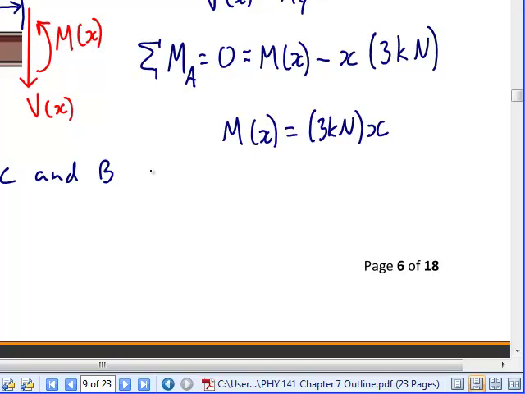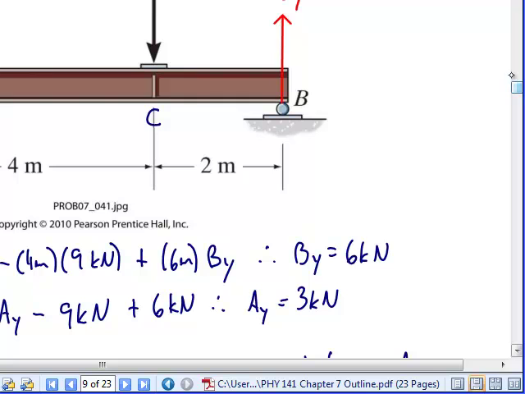I could do it. I think it's going to be less confusing, at least for the first one, just to draw another left section. You would get the same results.